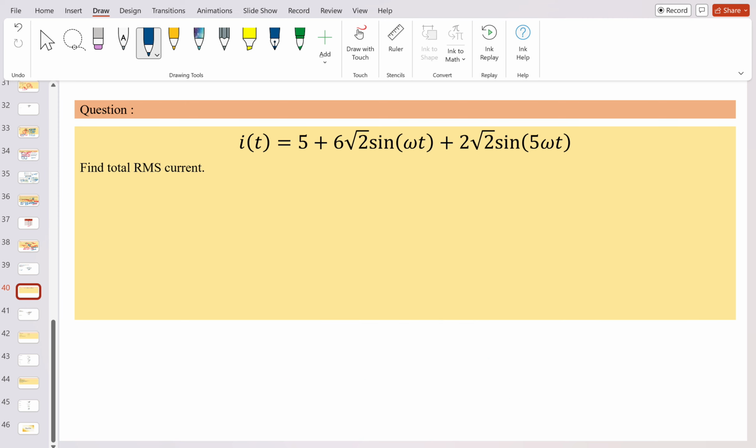Okay, try to solve this, but to find the total RMS value in this. You can write it under root also. Just write the square and answer.